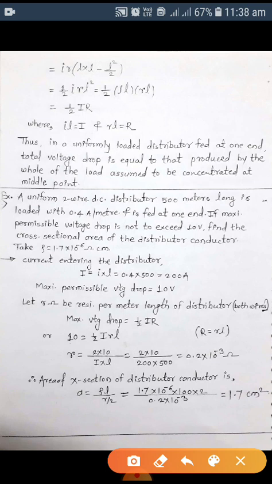Take rho, that is specific resistivity of conductor, rho equal to 1.7 into 10 raised to minus 6 ohm centimeter.